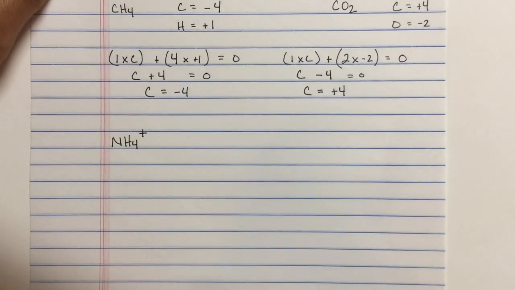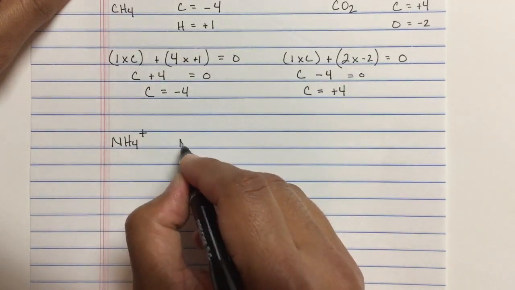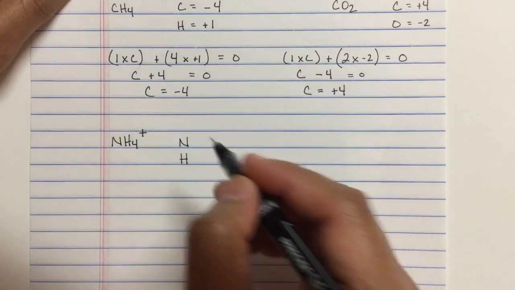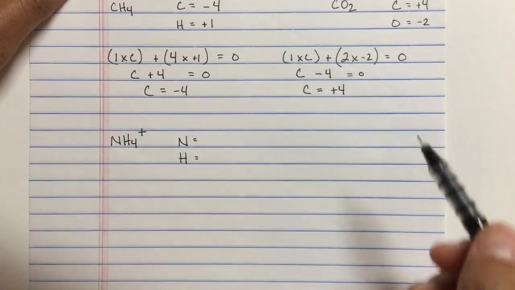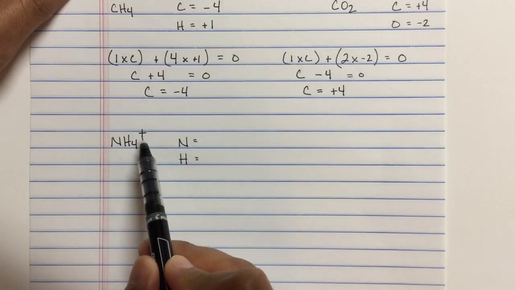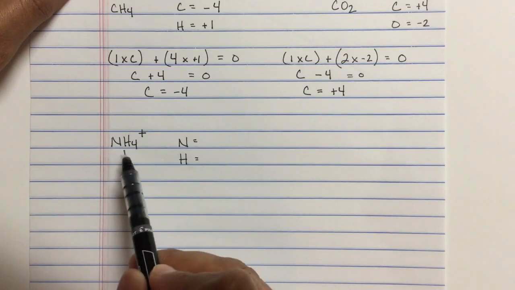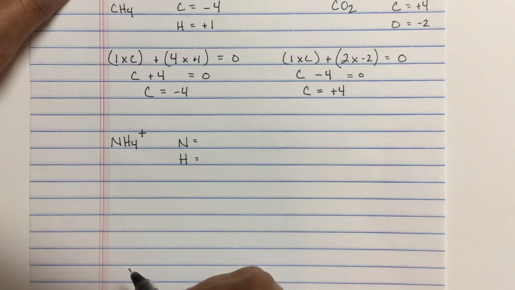Ammonium, NH4+. We need to assign oxidation states for nitrogen and hydrogen. One of the things that stands out, of course, is that now we do have a net charge on this species. This whole ion has a net charge of positive 1.